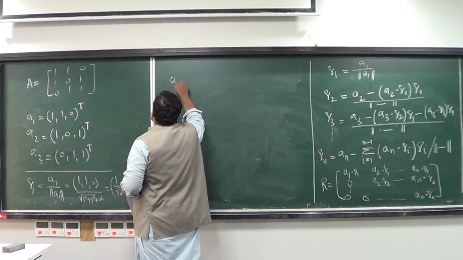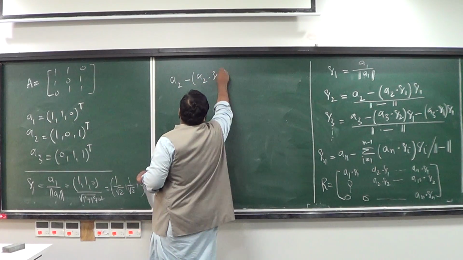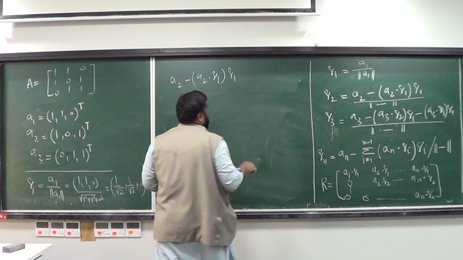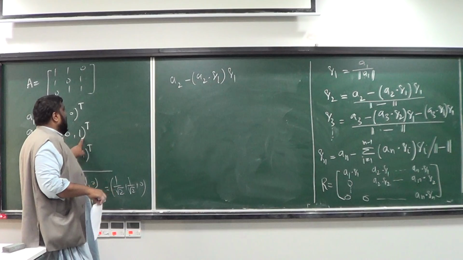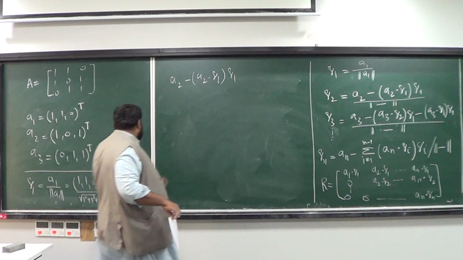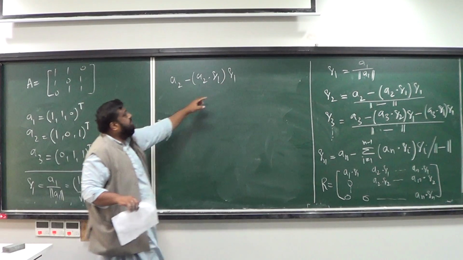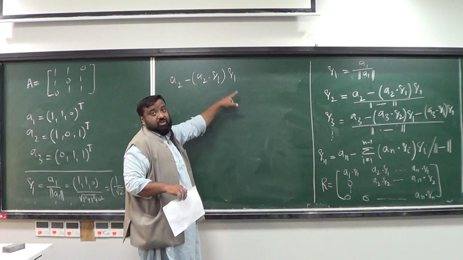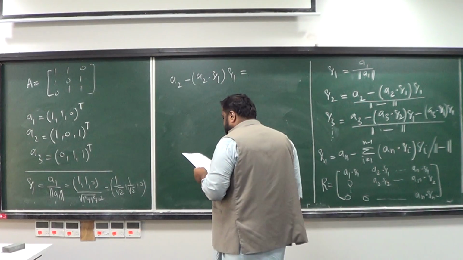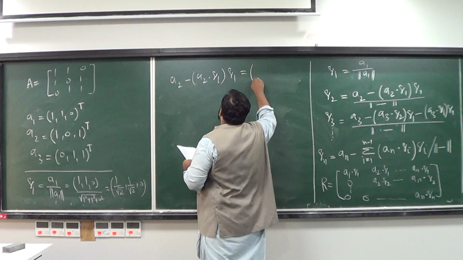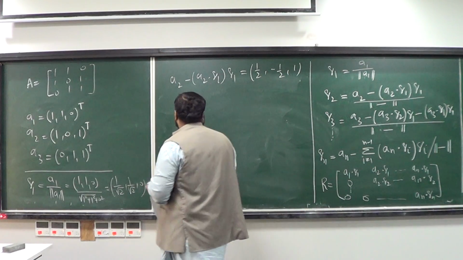When you calculate A2 minus (A2 dot Q1) times Q1, I'm not doing these calculations, I'm just going to write the answer. A2 is (1, 0, 1). Take its dot product with Q1, multiply the scalar you get with Q1, and then subtract. After doing these calculations, you get the vector 1/2, -1/2, and 1.